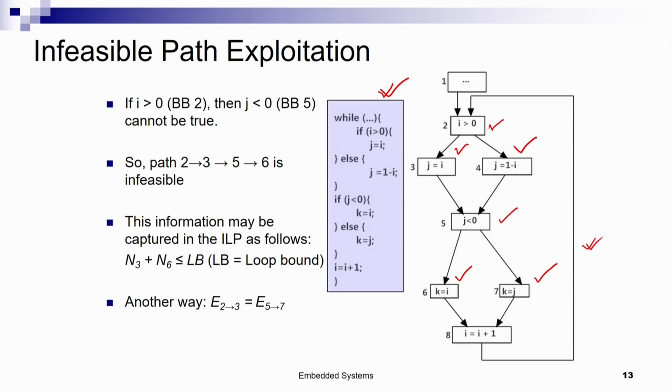So, we see that path 2, 3, 5 and 6, this is infeasible.